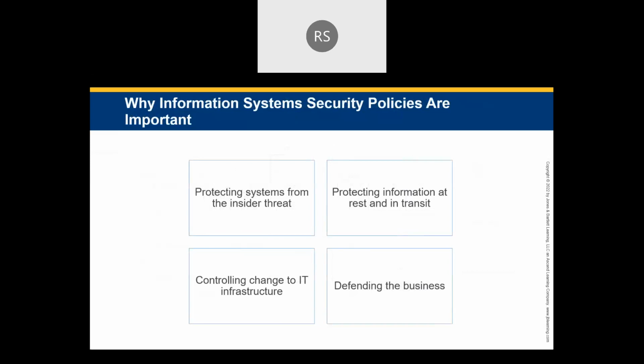Okay, so now let's explore why information system security policies are important. Well, first and foremost, the policies support operational success by providing clear guidelines for employees, reducing risk, and ensuring compliance with any legal or regulatory requirements. Now, without policies, running a business could be very challenging.